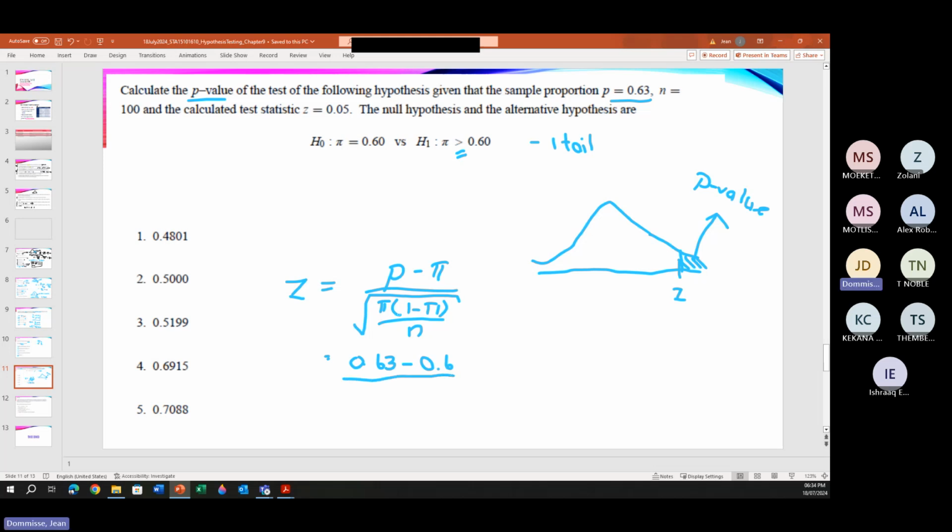And then below the line, again, the ones that have better calculators than I have, I think you can do it nearly in one step. So 0.6 times 0.4, that we will need to divide by the sample size, which is 100. If we take the square root of that, we will divide it by 0.049.